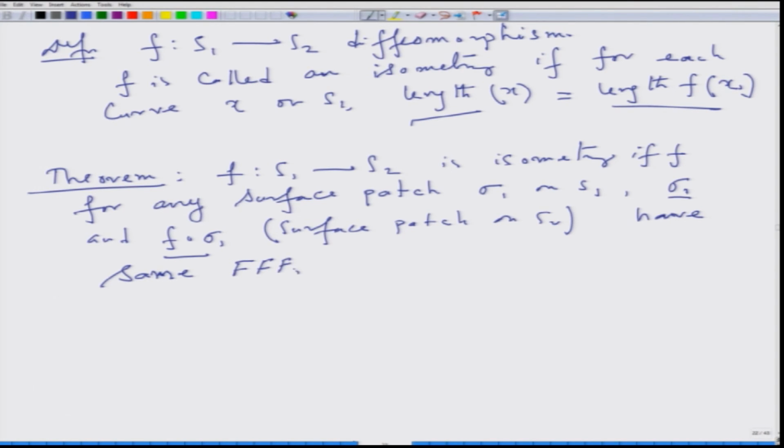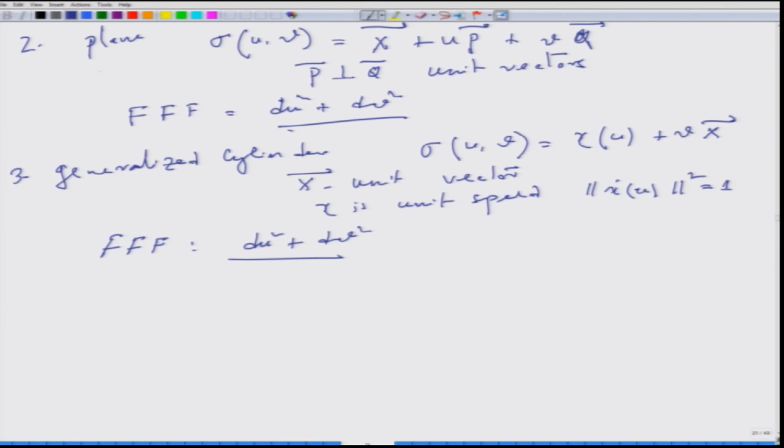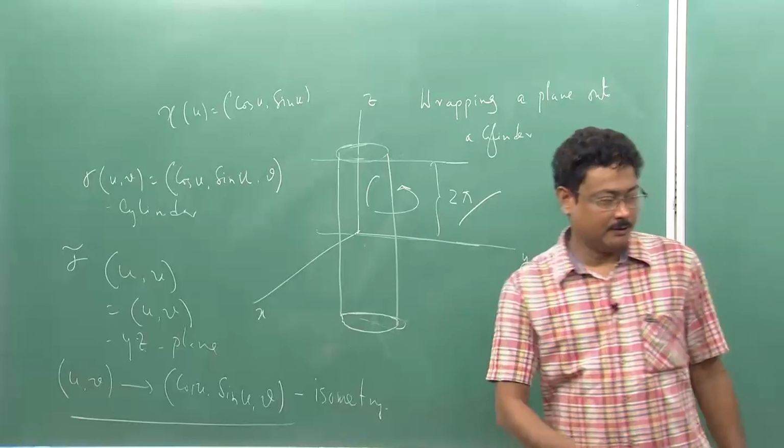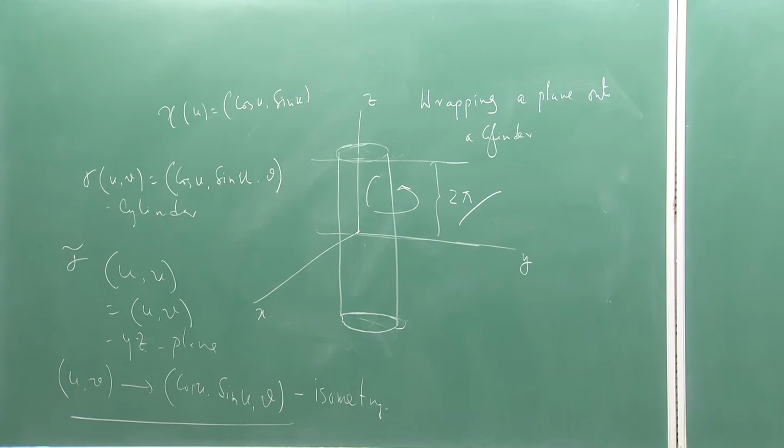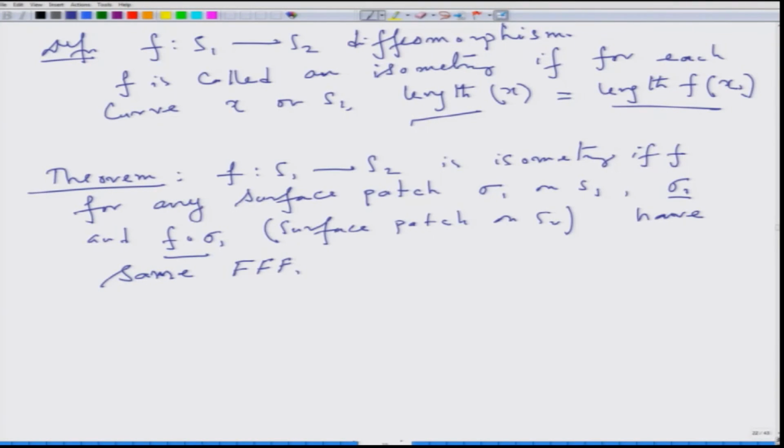That is exactly what is happening in the case of the plane and the generalized cylinder, because this is an isometry and they have the same fundamental form. In this case, both are a single patch. Okay.